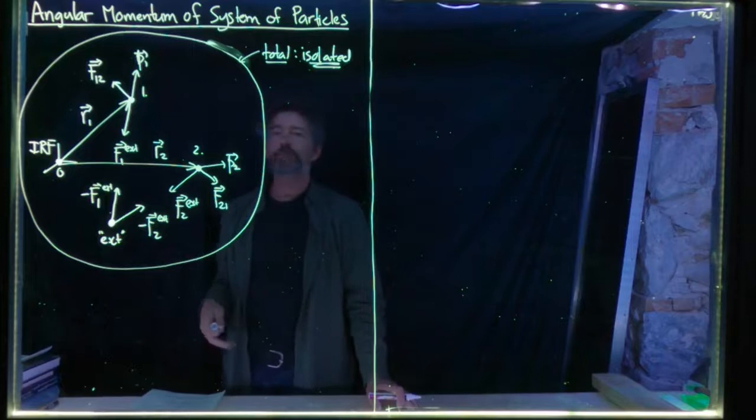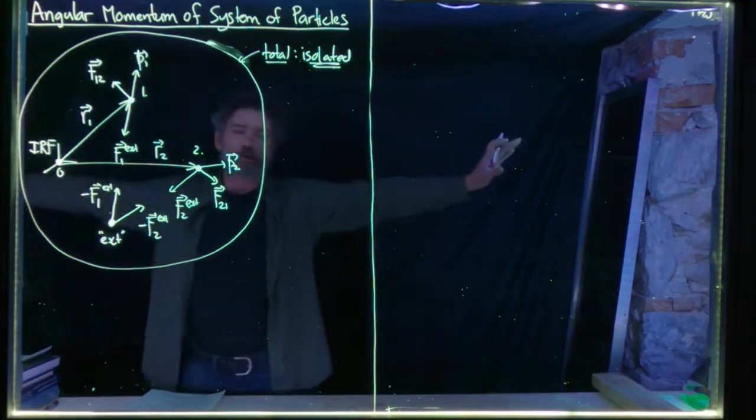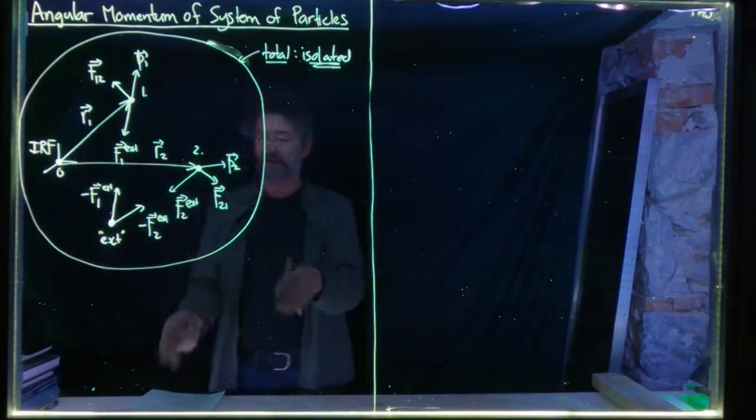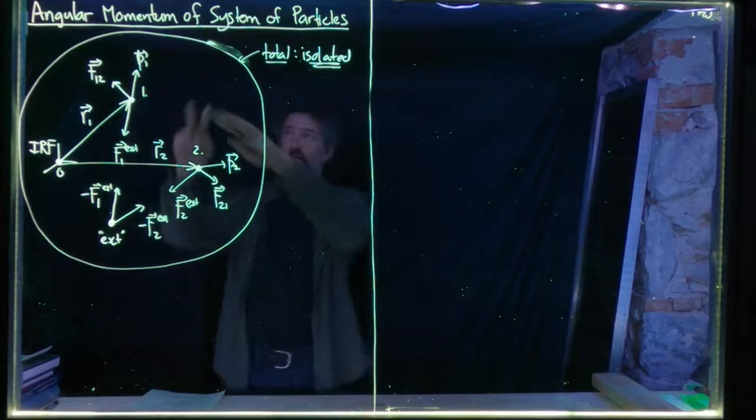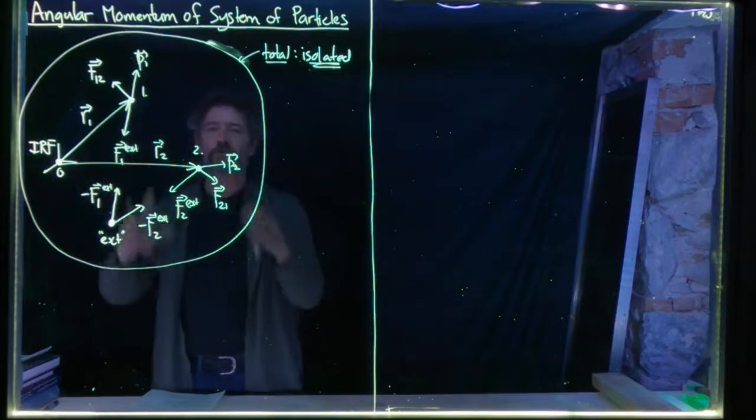What changes angular momentum is torques. So we can either imagine there's nothing out here, no other particles exerting any forces and thus torques, or we can imagine there are particles outside, but the net torque that they exert on all the particles in our system is 0.